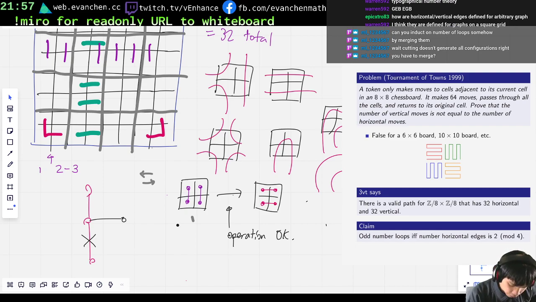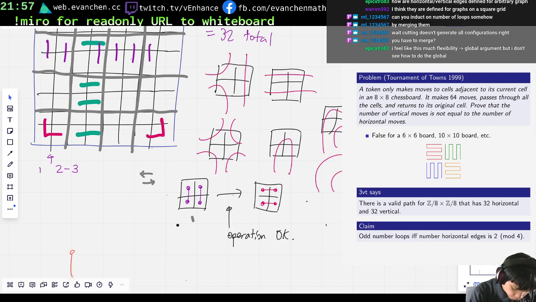Here, let me actually do it on a 4x4 just so I can see what I'm doing, because I feel like I'm flying blind. So here's a thing. I can do any sort of cutting, right? What cutting am I allowed to do? I guess here is a place I can cut.